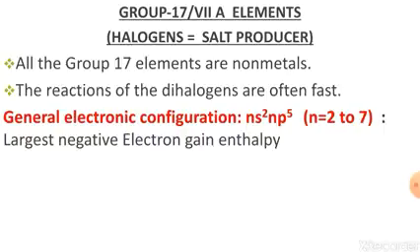This indicates 7 electrons in the outermost shell, that is 1 electron less than the nearest noble gas configuration. Due to this reason, they have the largest negative electron gain enthalpy also. So these are all about the electronic configuration of group 17 elements.